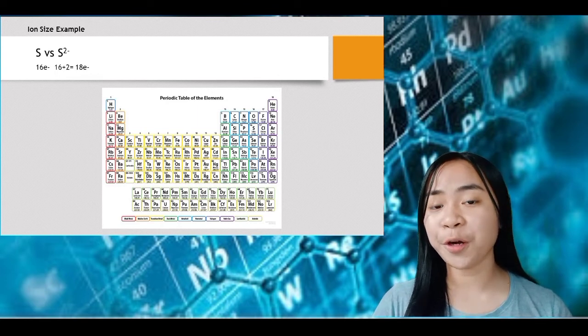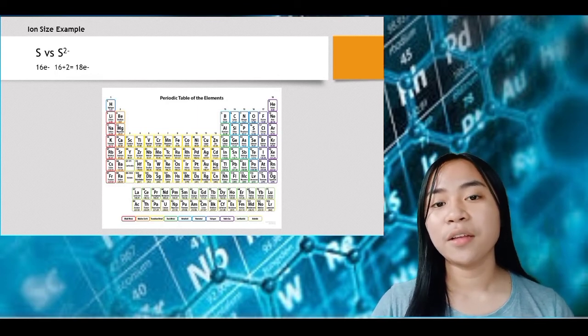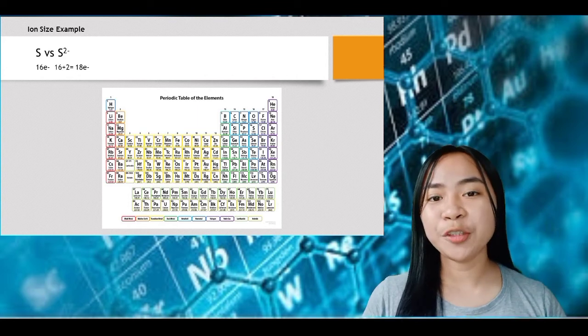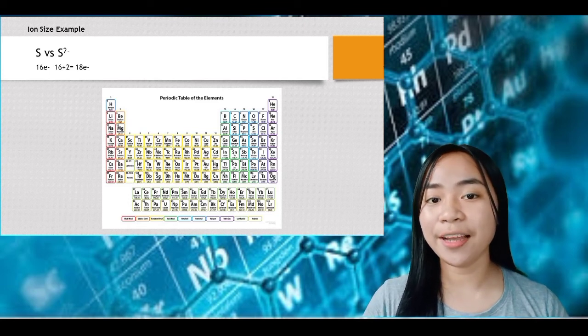And in sulfur with 2 minus charge, since it's 2 minus charge, it means we're going to add electrons because electrons are negatively charged. So therefore, we can conclude that an ion with negative charge has a bigger atomic size in this case.